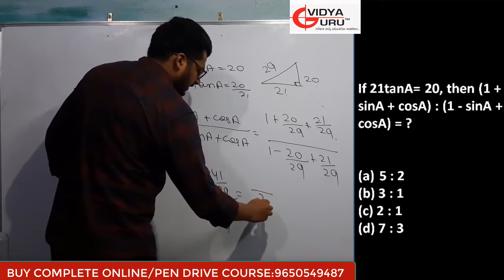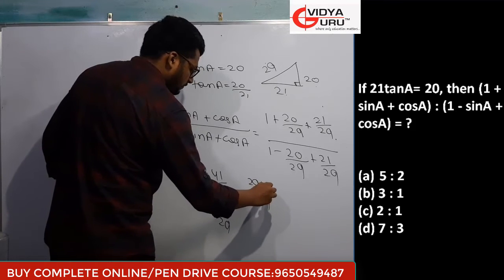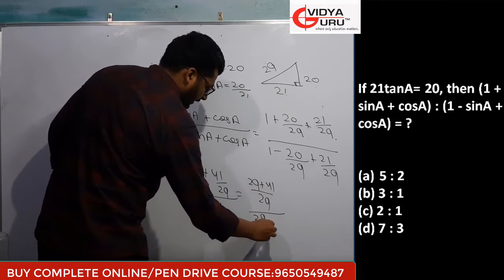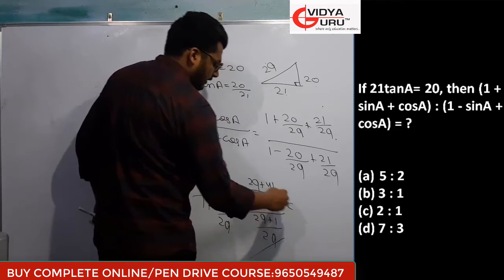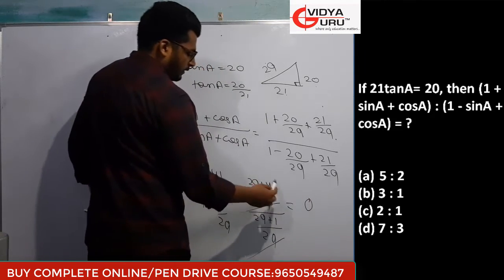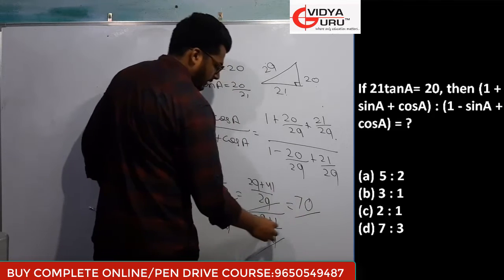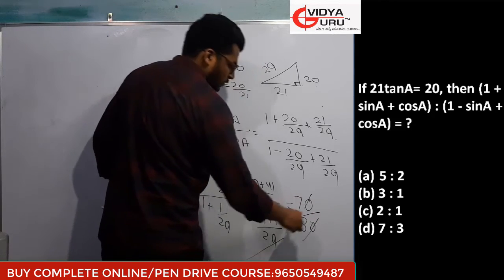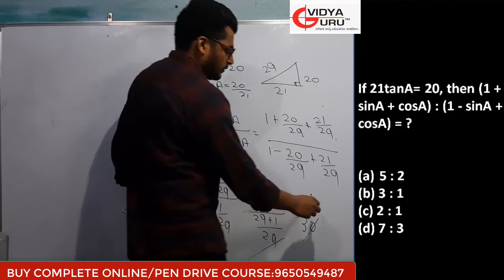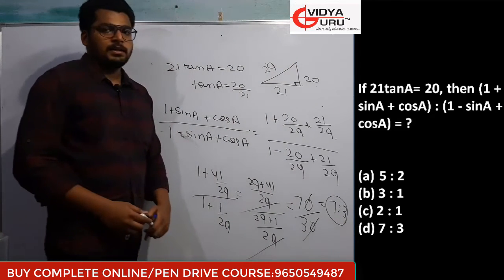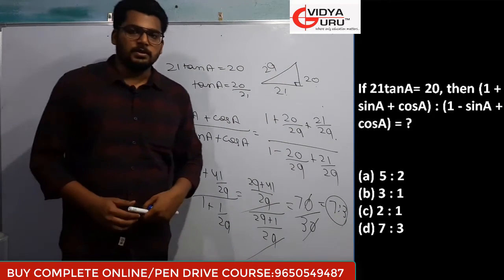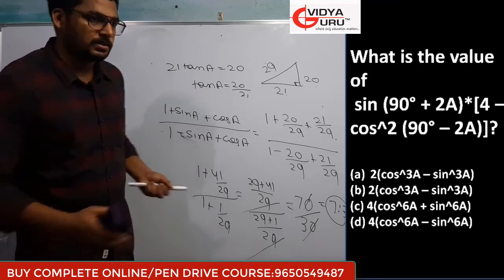Now if I take LCM, 29 plus 41 upon 29 and 29 plus 1 upon 29, the 29 will be cancelled out. In the numerator it will come 70, and in the denominator it will come 30. So the answer will be 7:3. So option number D is the correct answer of this question. So coming on to our next question.